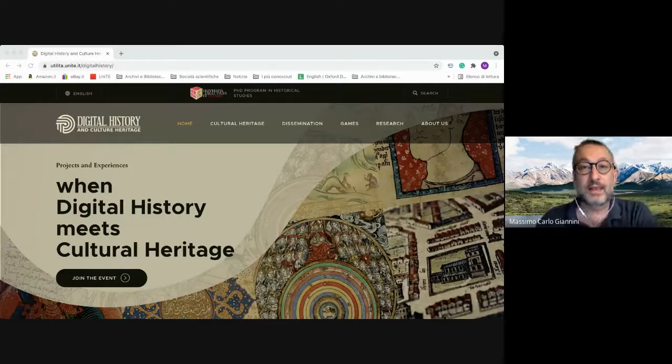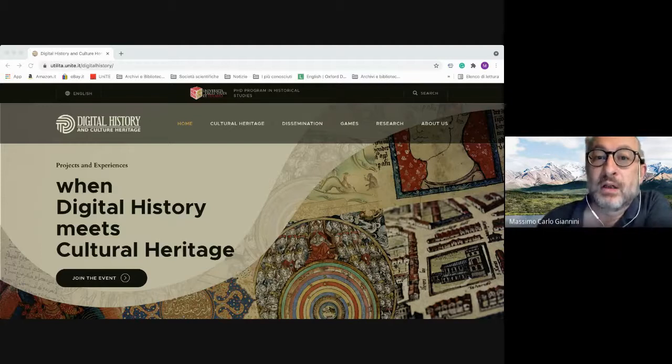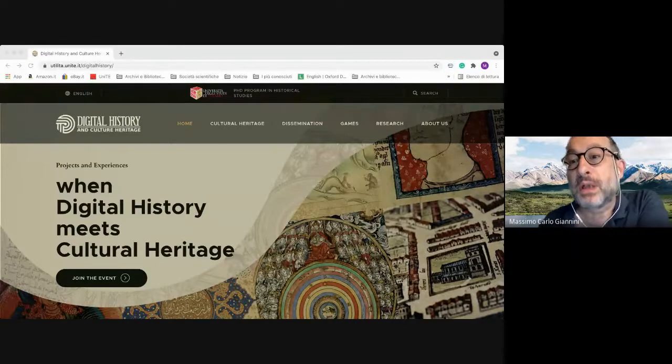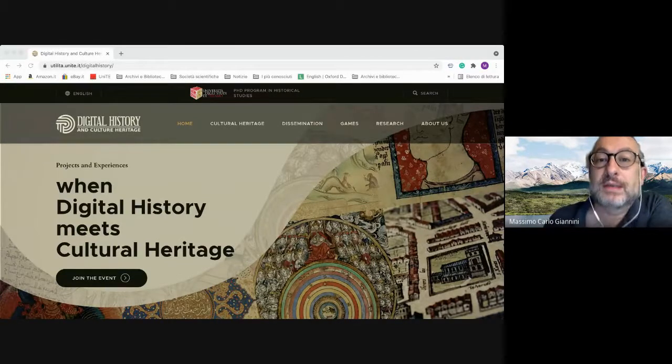As you can see, it looks more like a gallery of activities for now, but it has been designed to be continuously enriched and to be open to topics such as tourism, education, gamification, etc., with the possibility of transversal research so as to constitute a bridge between digital history and cultural heritage valorization and dissemination at different levels.